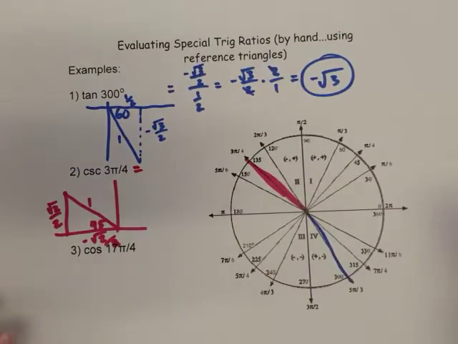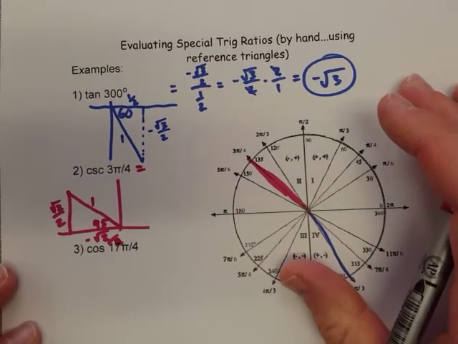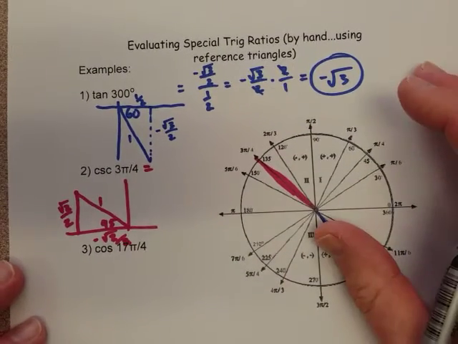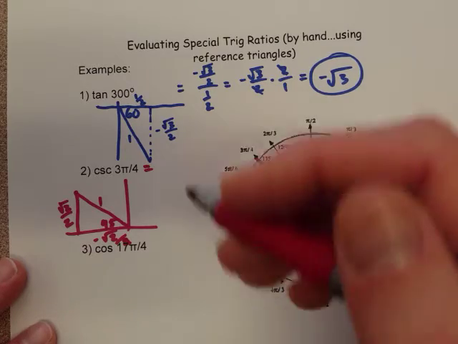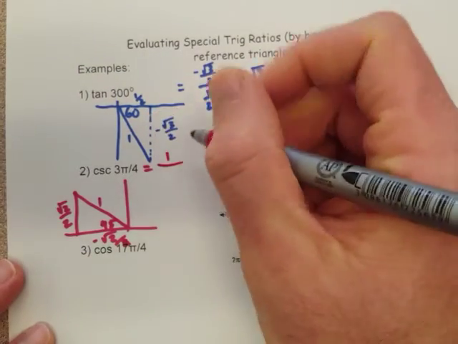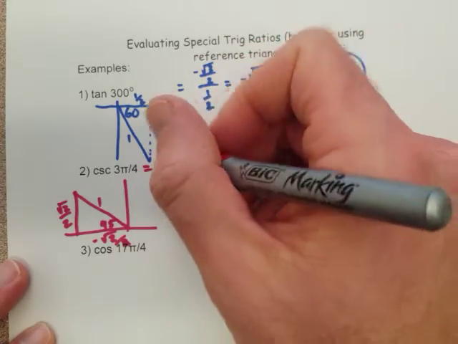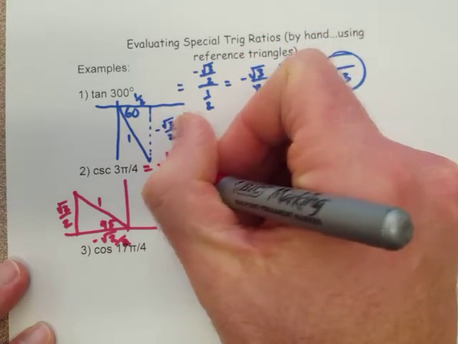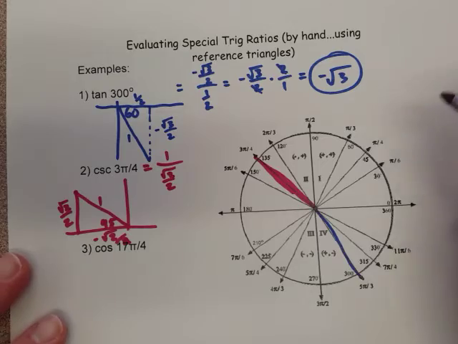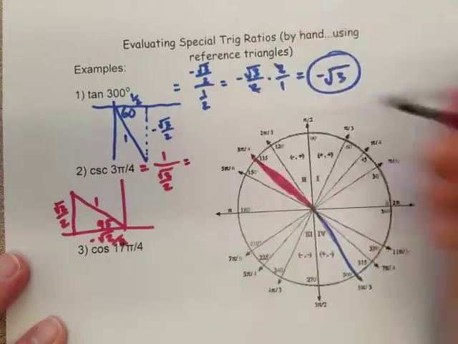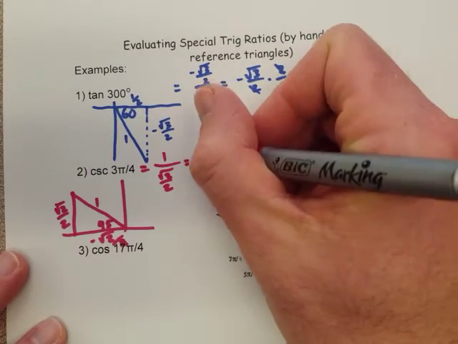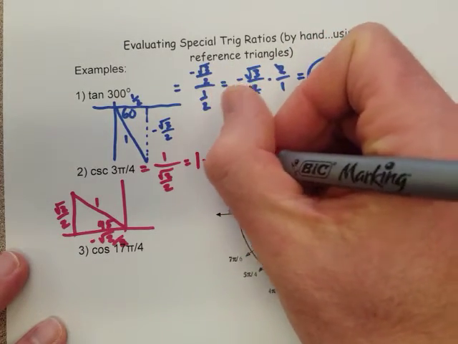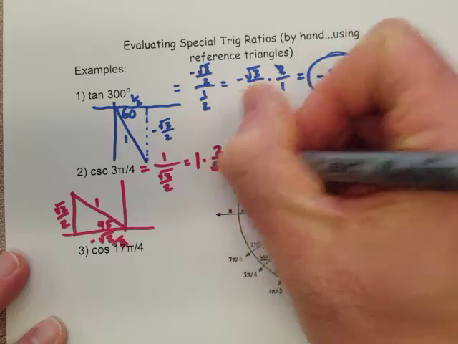Now this one is cosecant, so that is the reciprocal of sine. So instead of opposite over hypotenuse, now it's going to be hypotenuse over opposite, and in this case we're talking 1 over positive square root of 2/2. Again, when you divide by a fraction, same thing as multiplying by the reciprocal, so that's like 1 times 2 over square root of 2.